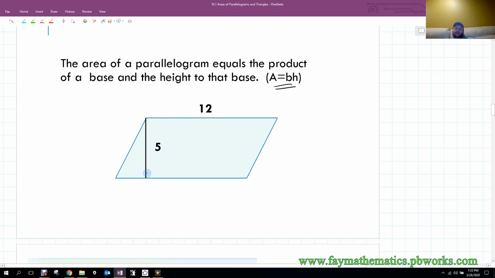So here is my altitude. And remember, in a parallelogram, when we have that altitude perpendicular to these two sides, then those two sides are bases. So there's my b. I'm going to multiply those together. I get 60 square units. So I'll just use U for units.